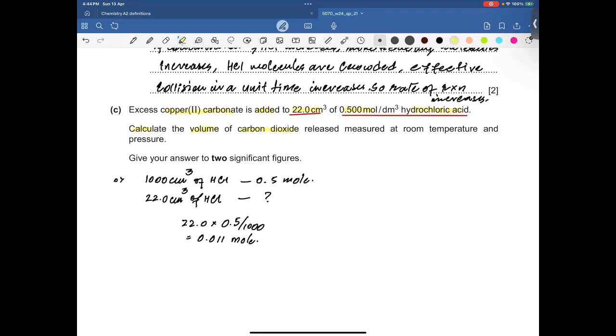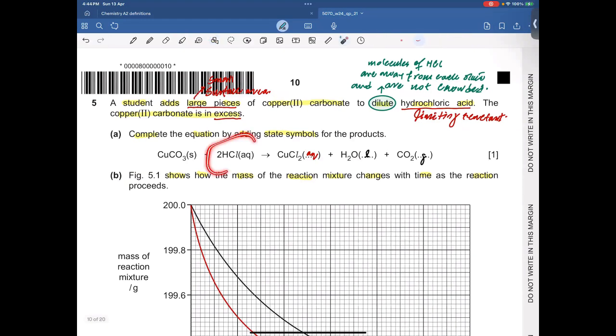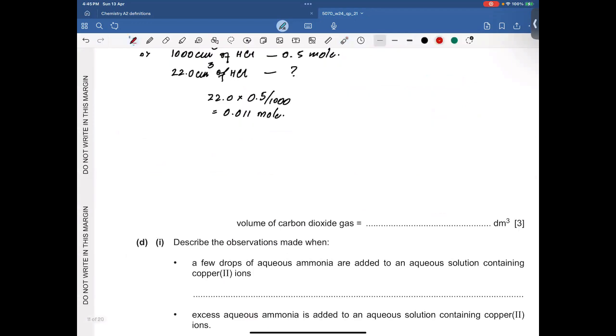Calculate the volume of carbon dioxide released. So the examiner is looking for the volume of carbon dioxide at room temperature and pressure, which means I have to consider HCl and carbon dioxide because HCl is the limiting reactant. I need to ignore copper carbonate because it's in excess. So hydrochloric acid and carbon dioxide have a 2:1 ratio.